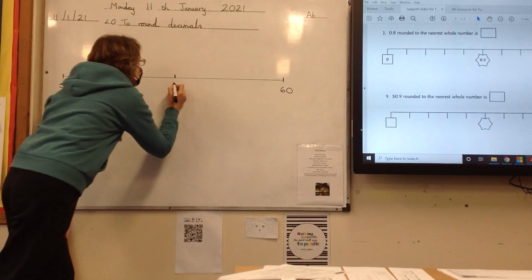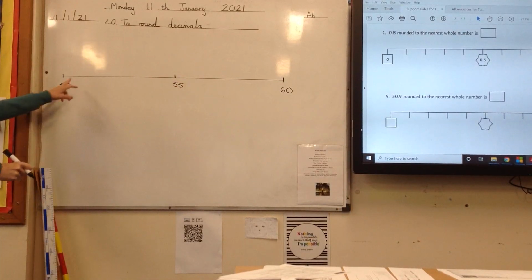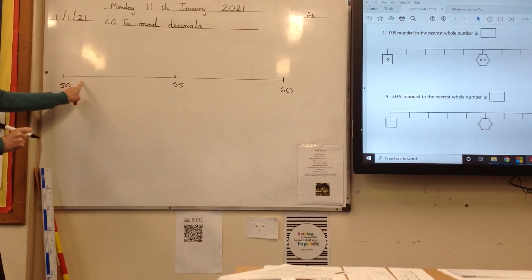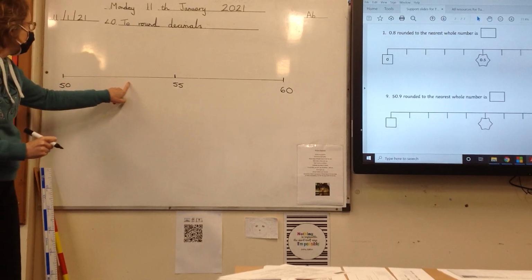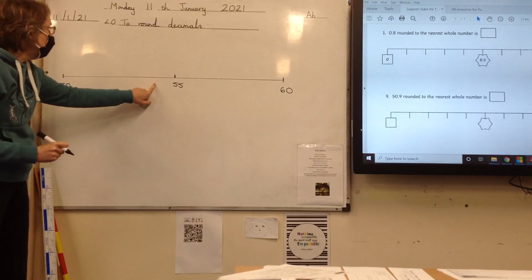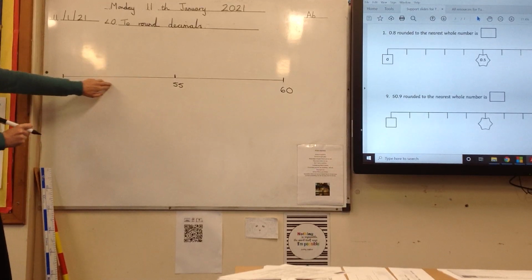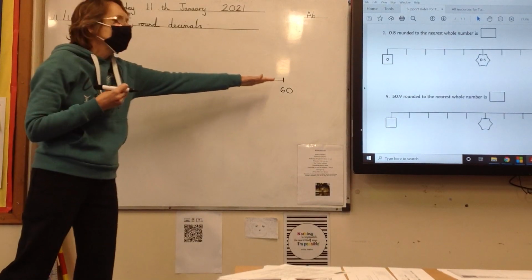55. Good. So, any numbers that are this side, so count with me, 51, 52, 53, 54. If I said to you round them to the nearest 10, would you take them down to 50? Or would you take them up to 60?